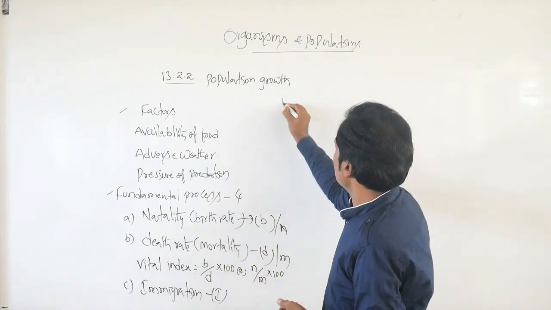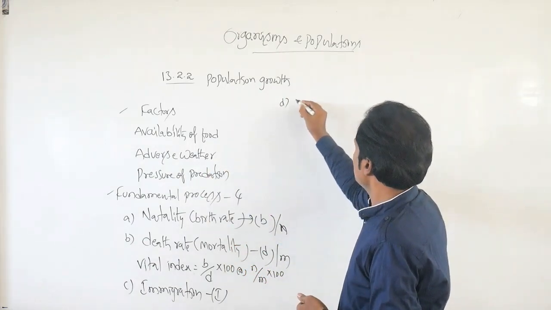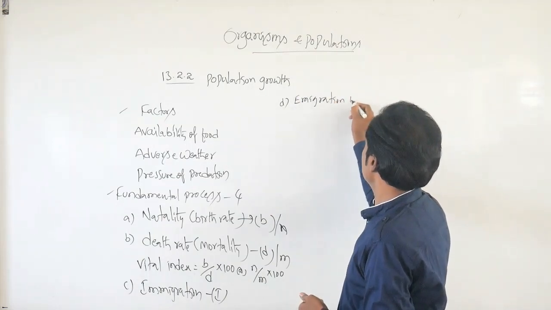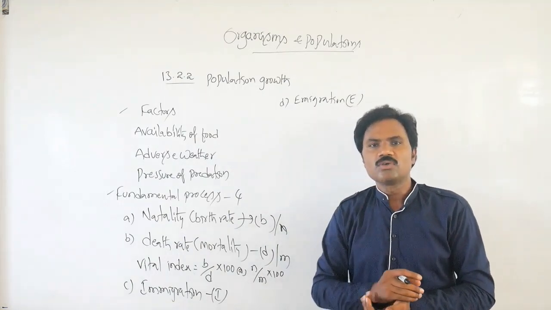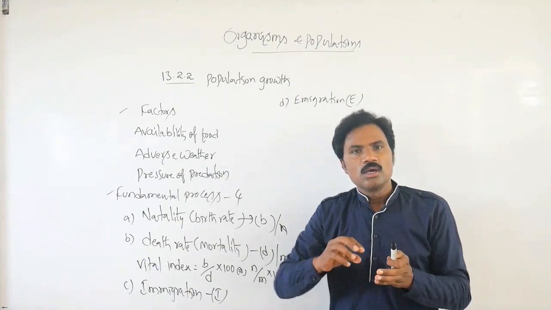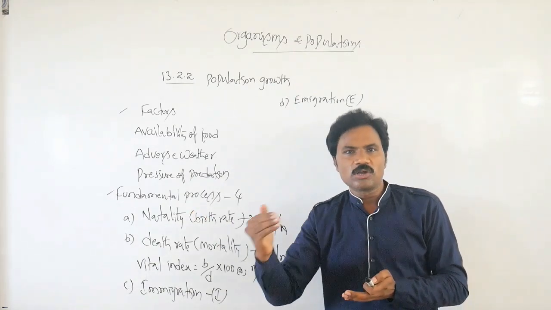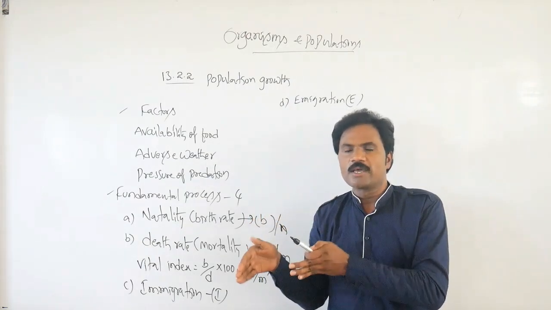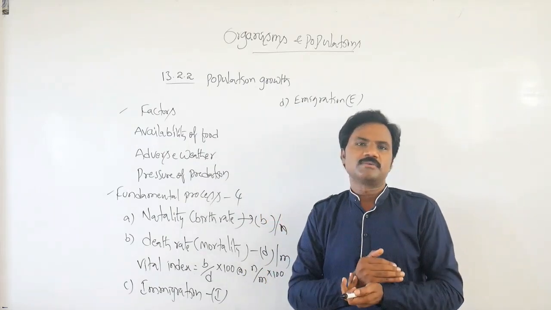Similarly, another fundamental process, emigration, with the symbol E. Going out from a given population, leaving a given population in a specific period of time, that we call emigration.